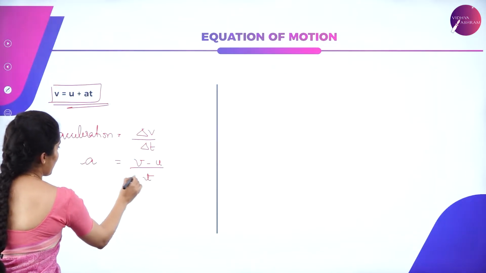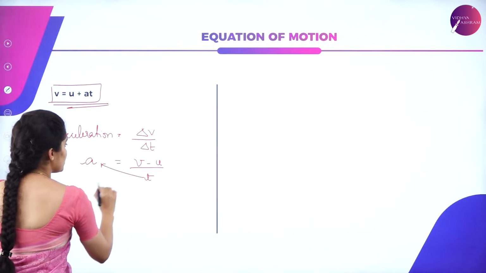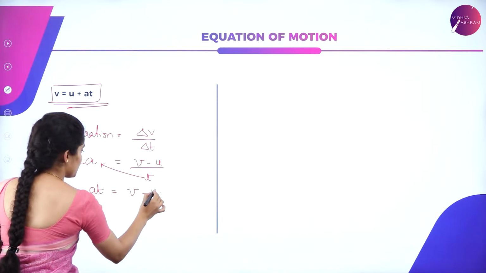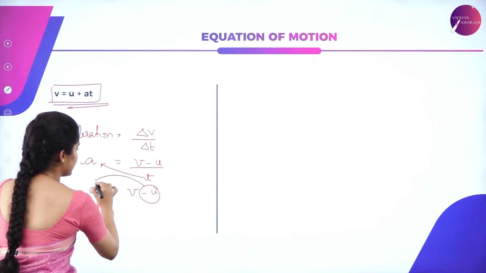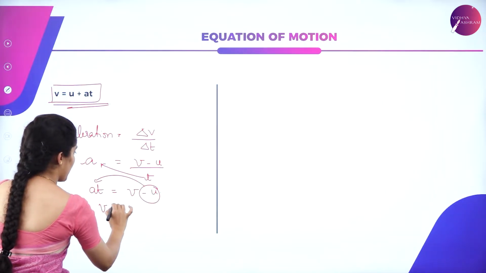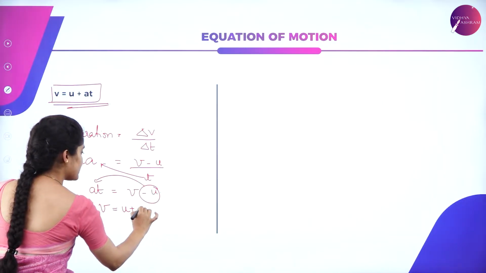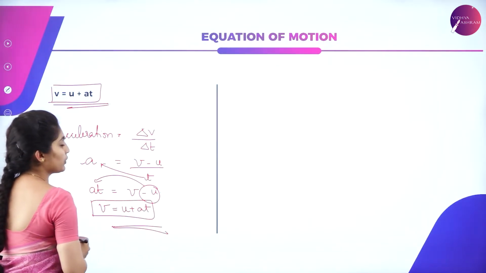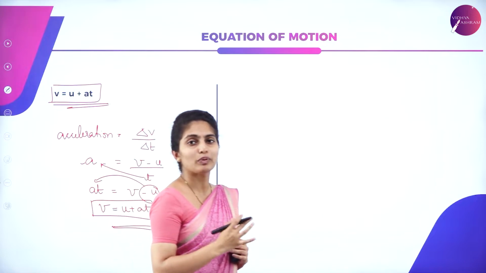So now you have a going with t, so at is equal to v minus u. You can take this negative term to the other side, so you have v is equal to u plus at. So here you have got the equation, v is equal to u plus at.